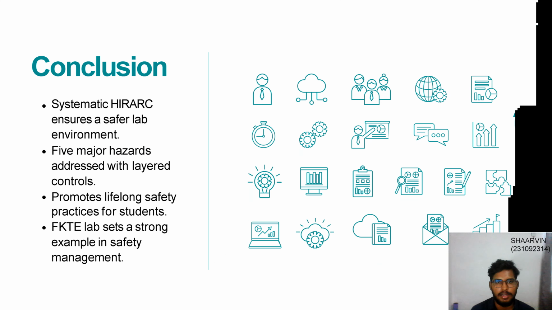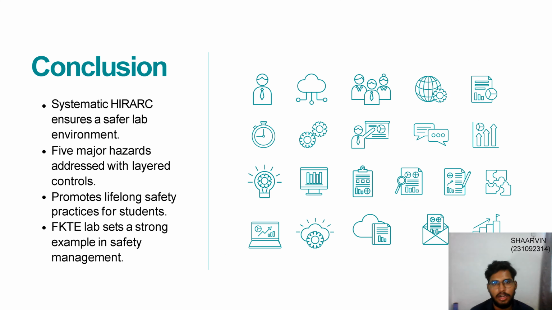Thank you, Samuel. I will conclude our presentation. This case study clearly shows how systematic application of HIRAC helps maintain a safe learning environment in the FKTE lab. We identified 5 major hazards: electrical shock, soldering burns, fire hazard, mechanical injury, and chemical exposure. For each, we applied layered controls: engineering, administrative, and personal protective equipment.